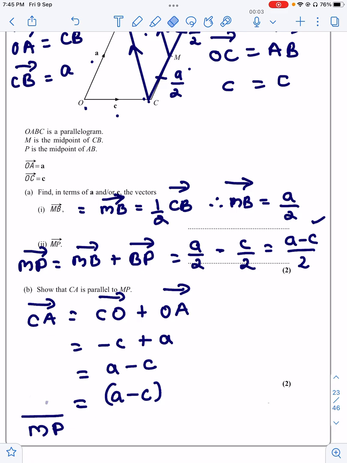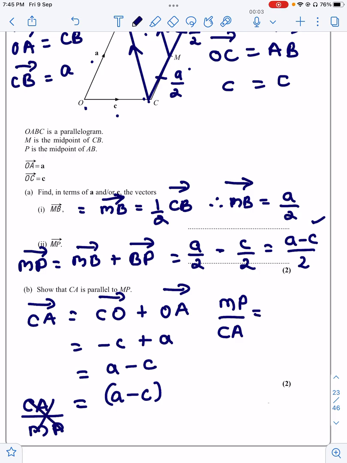I take the smaller one first, so it will be easier for you to understand. I take MP upon CA rather than CA upon MP.